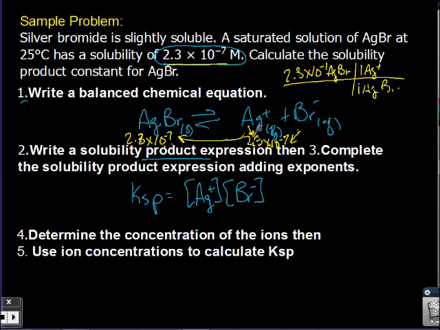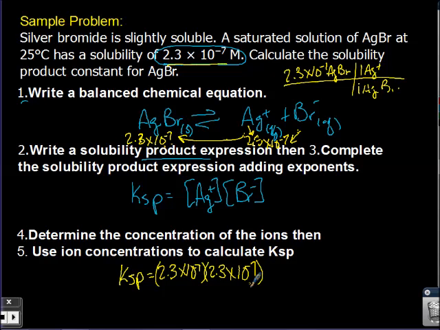So I'm going to use those in my expression: 2.3 times 10 to the negative 7th times 2.3 times 10 to the negative 7th. And you could use that and call it squared instead of writing it out this way.